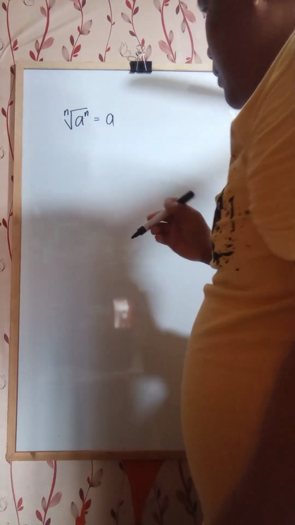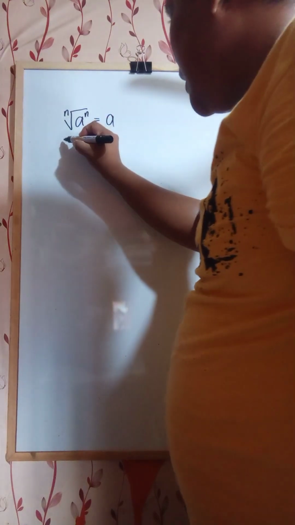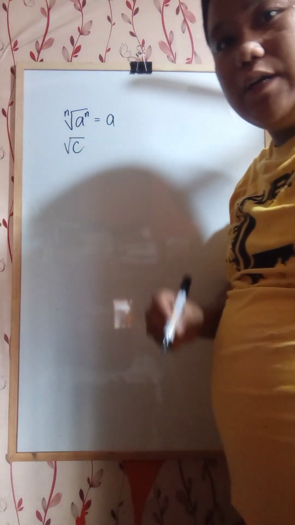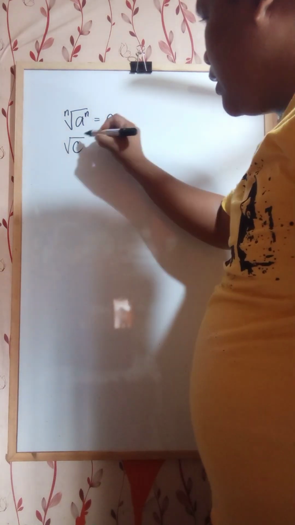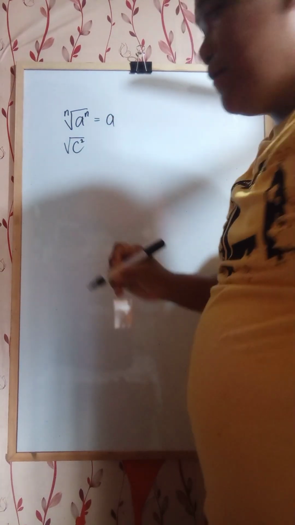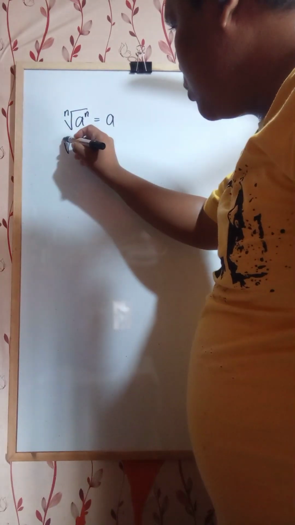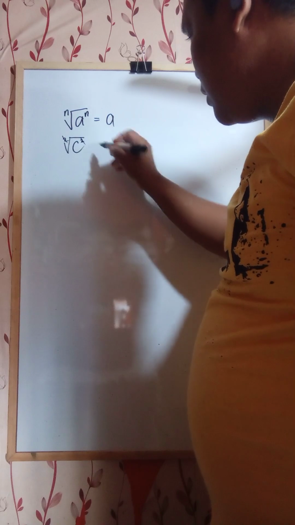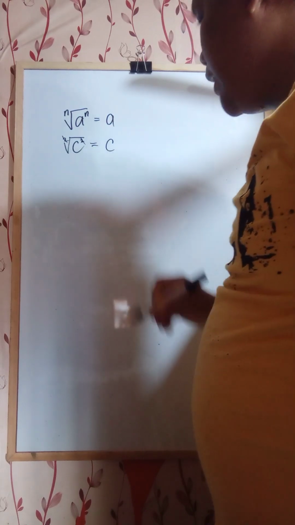Let's have an example: the square root of c squared. The index is 2 and the exponent is 2, so they cancel out, and the answer is c.